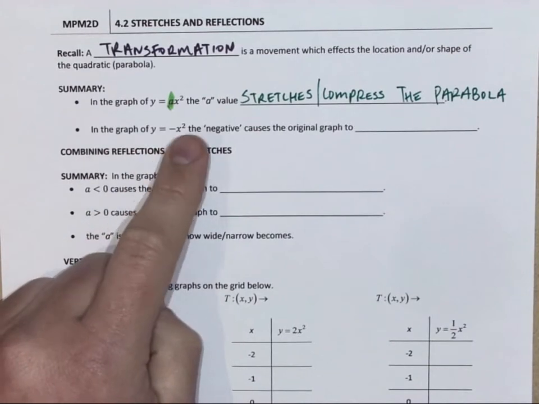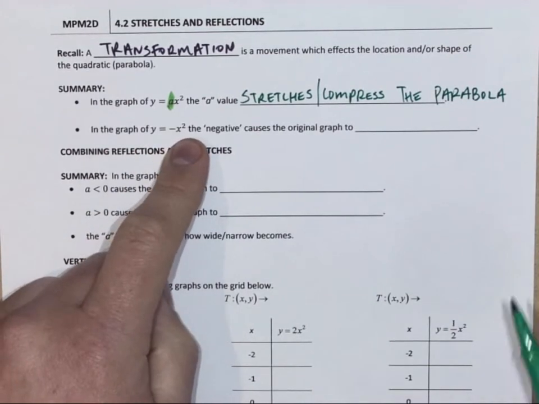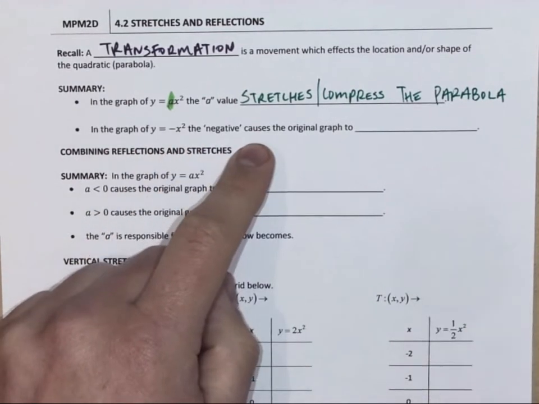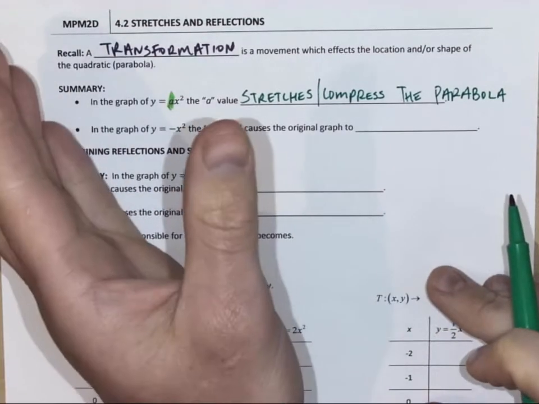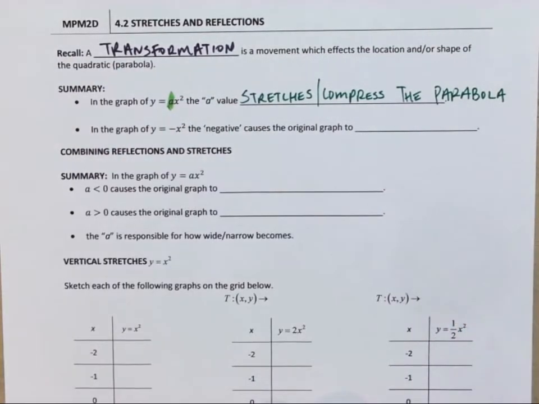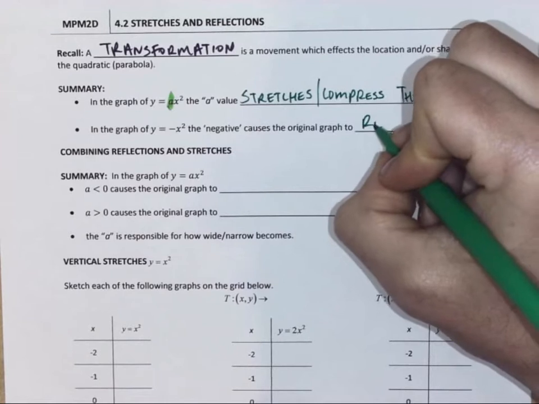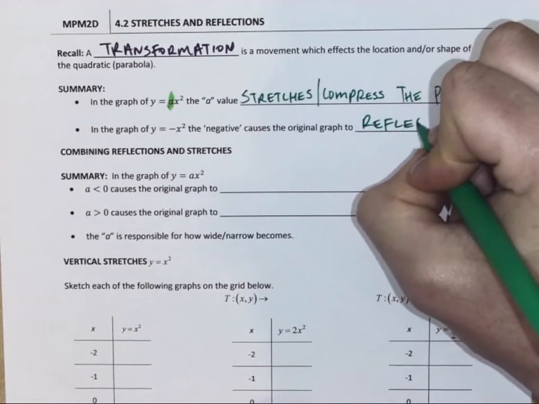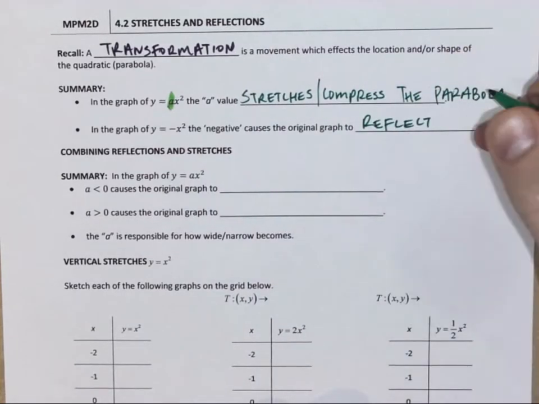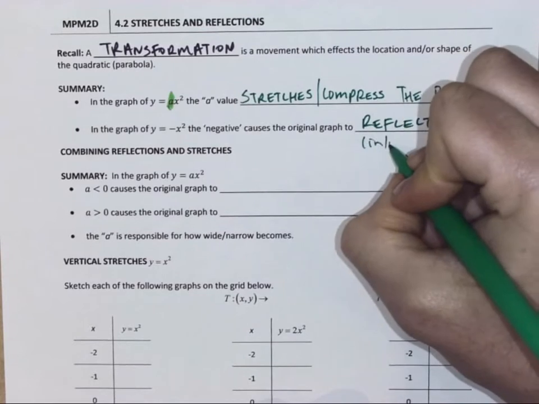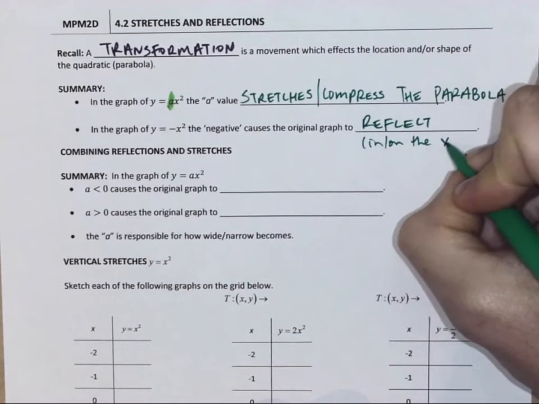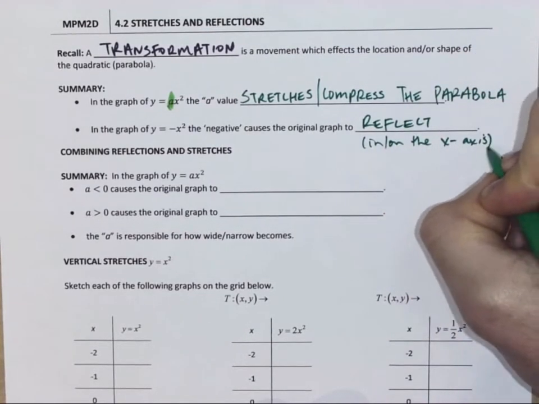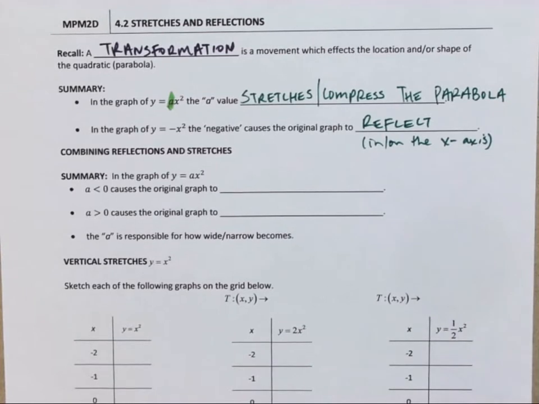Also, if it's a negative value, the negative causes our parabola to now open down or reflect in/on the x-axis.